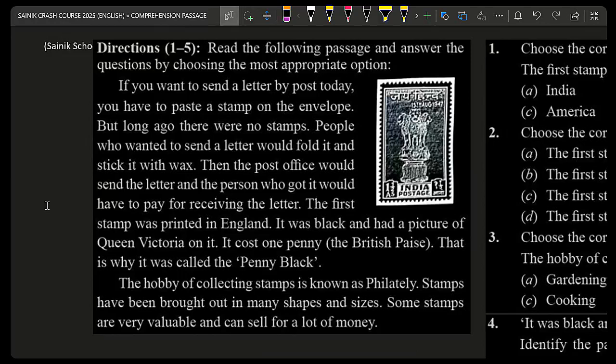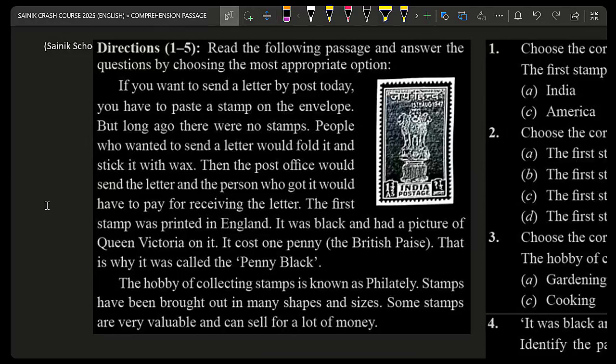Okay, continue. It was called the Penny Black. The hobby of collecting stamps. There is no H-O-M, it's the hobby.